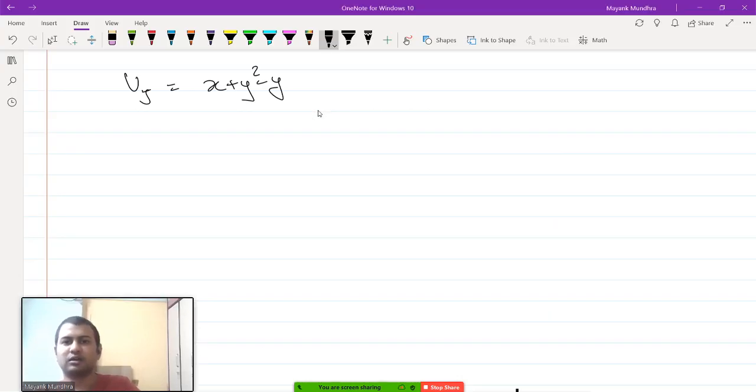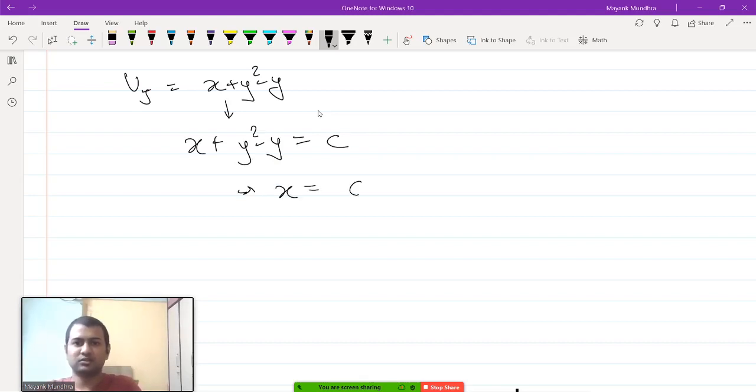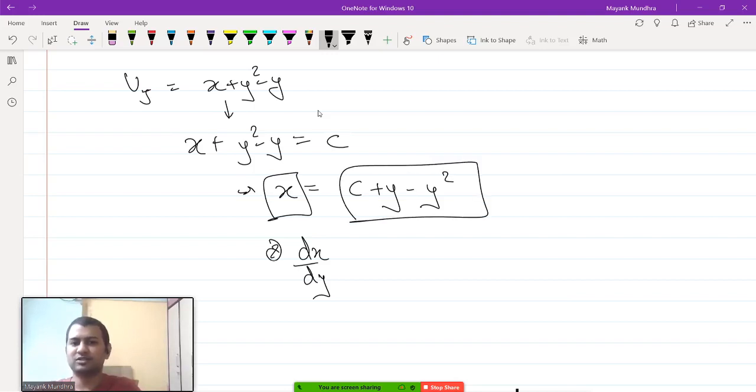So for any level of utility, x plus y square minus y is equal to c, which implies that x is equal to c plus y minus y square. So if I do dx by dy, I'm not doing dy by dx, but because it is hard to represent y as a function of x, it is easier to represent x as a function of y.